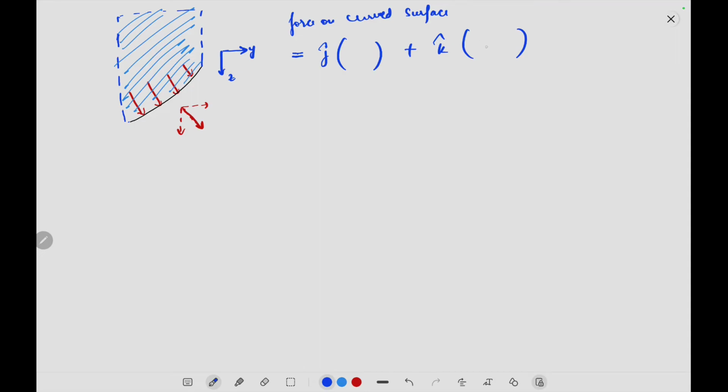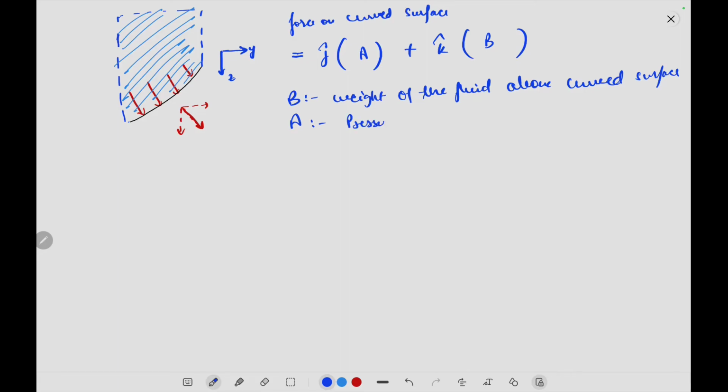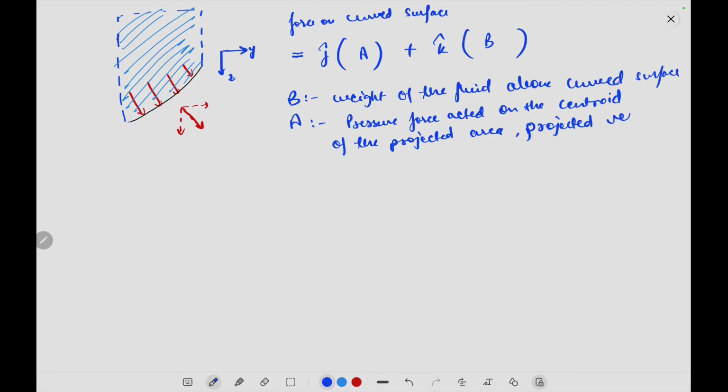Let's call this B and let's call this A. So B is the weight of the fluid above the curved surface, and A is equal to the pressure force acting on the centroid of the projected area, projected vertically.